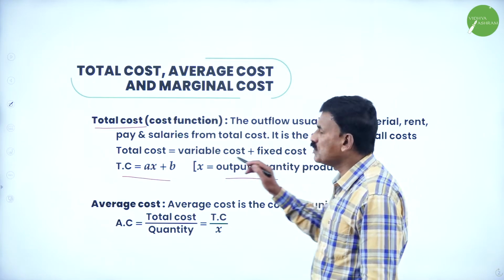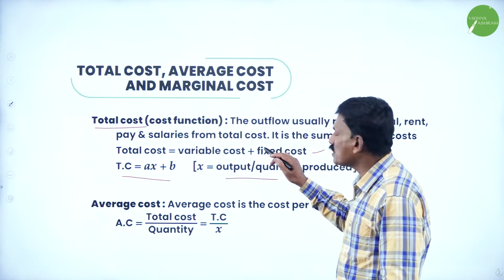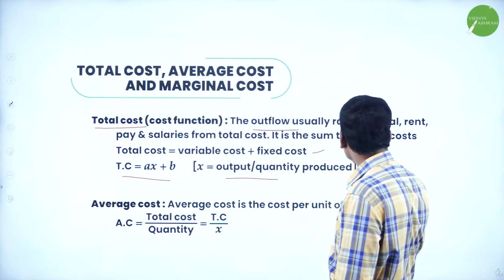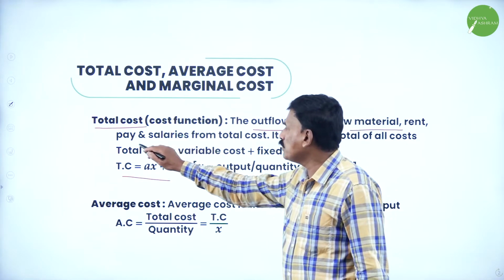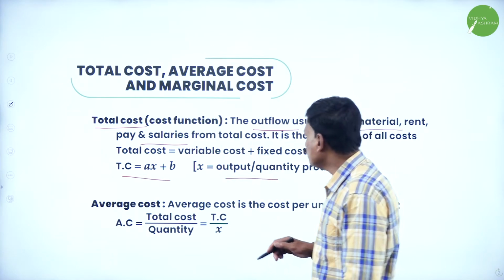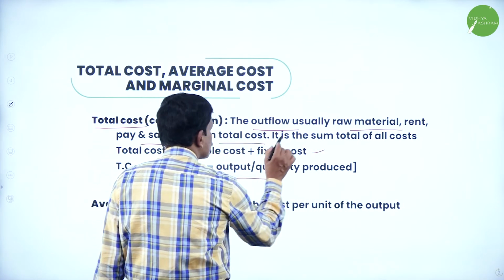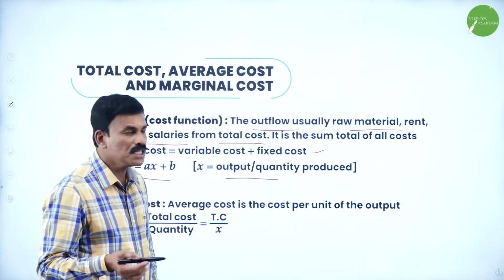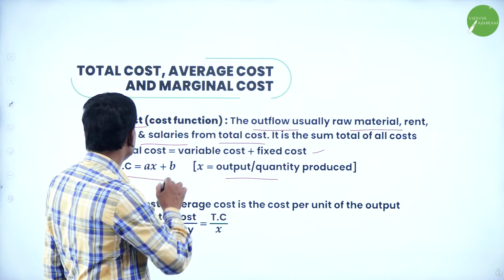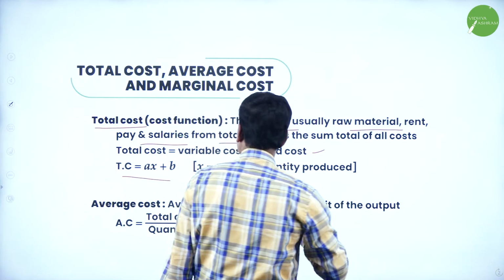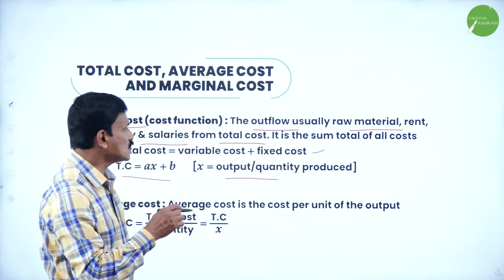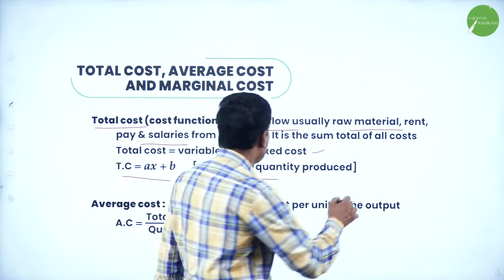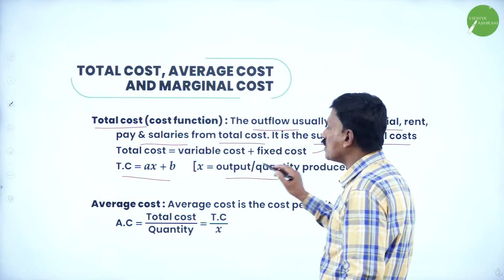So how to define the total cost? The total cost or cost function can be defined as the outflow, usually raw materials, rent, pay and salaries, which form the total cost. It is the sum total of all the costs.